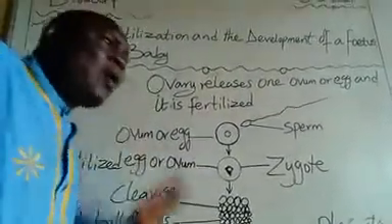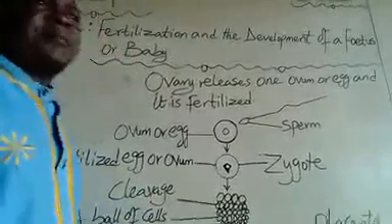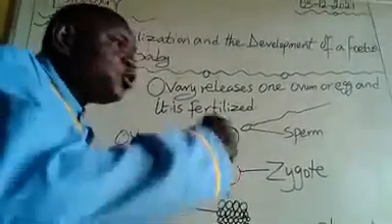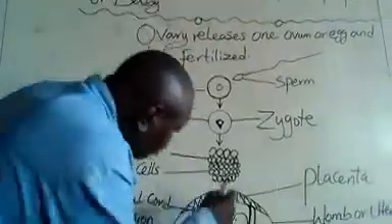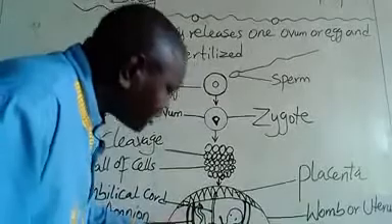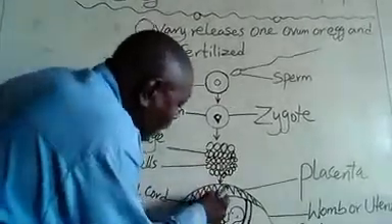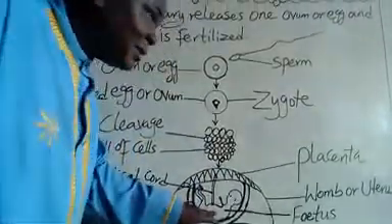This umbilical cord has dual function. It has dual function in the sense that food and oxygen pass through the umbilical cord to the baby.